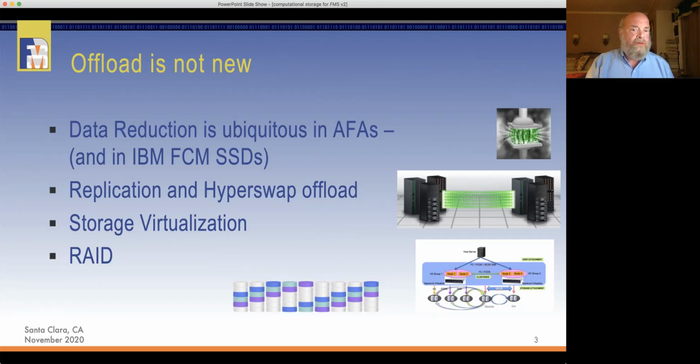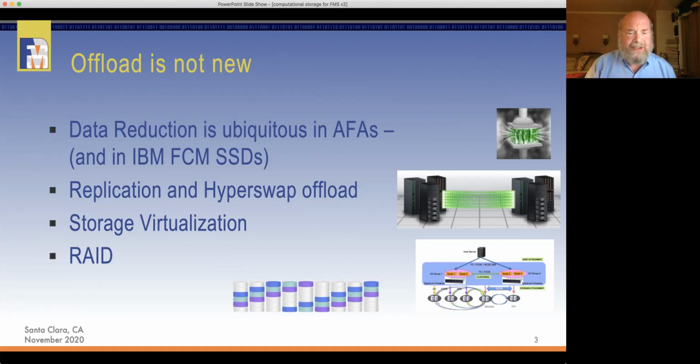The other thing is storage virtualization. Obviously, there's a rich set of virtualization available on servers today, but storage virtualization is something that IBM pioneered a couple of decades ago. That allows the host to be able to access multiple storage devices through this virtualization layer, offloading, if you will, from the CPU.